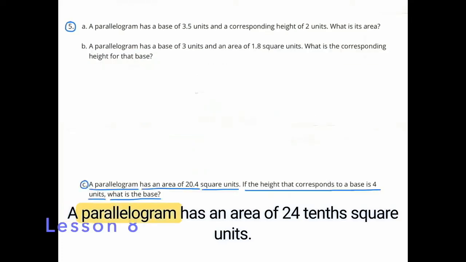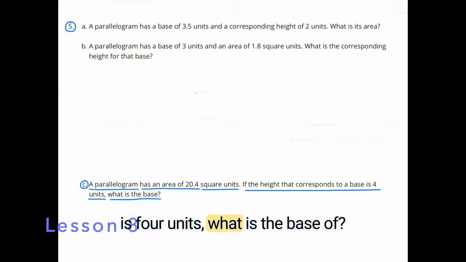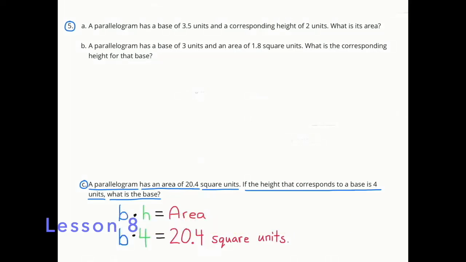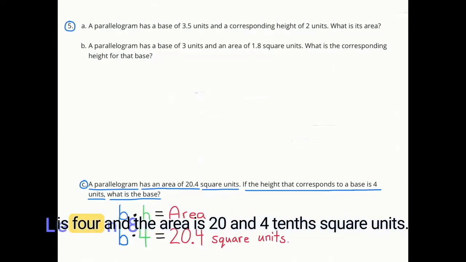C. A parallelogram has an area of 20 4/10 square units. If the height that corresponds to a base is 4 units, what is the base? Again, we know that the base times the height equals the area. The base is unknown, but we do know that the height is 4 and the area is 20 4/10 square units.